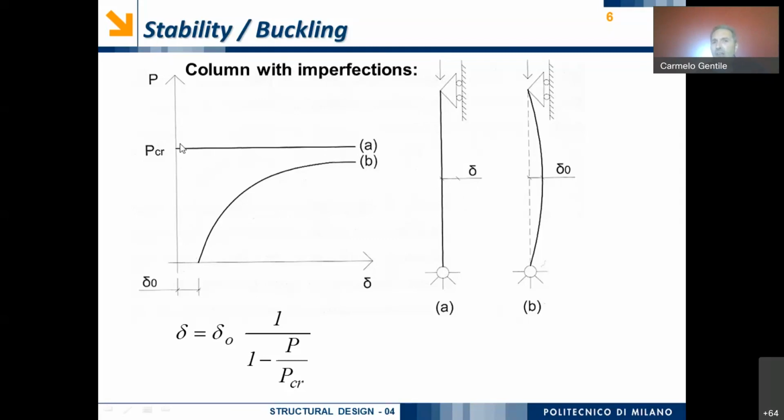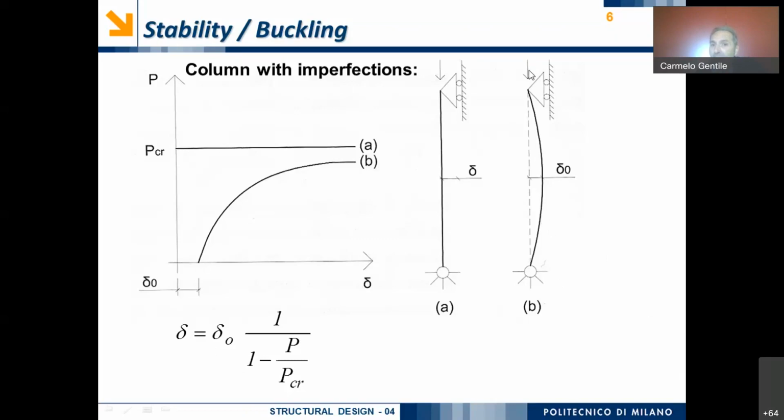vertical until the value of the critical load, and afterwards there is an increase in the deflection without any increase of the applied load. Okay? But when there is an initial imperfection delta zero, what happens is that corresponding to a value of the axial load equal to zero, we have an initial deformation delta zero, okay?